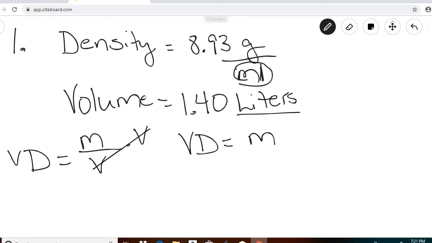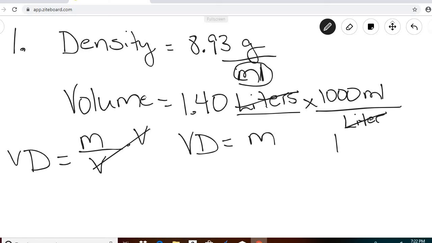So we need to get that volume converted to milliliters. So 1,000 milliliters in a liter. So the liters cancel. So the volume is going to be equal to 1,400 milliliters.